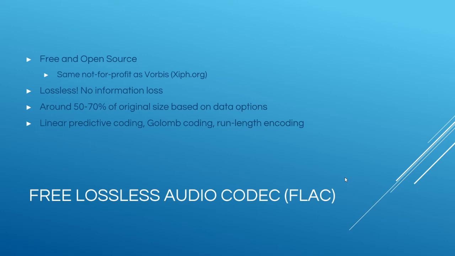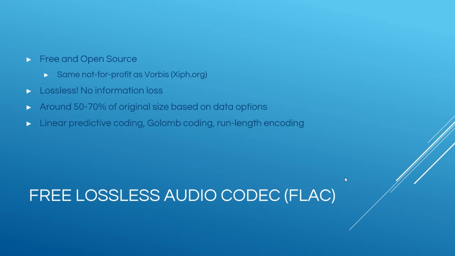It's free and open source, which is the same as Vorbis. It's actually managed by the same non-profit organization as Vorbis, xiph.org. It's a lossless format, so no information is lost during the compression process. You can expect a FLAC file to be about 50 to 70% the size of its original WAV file.